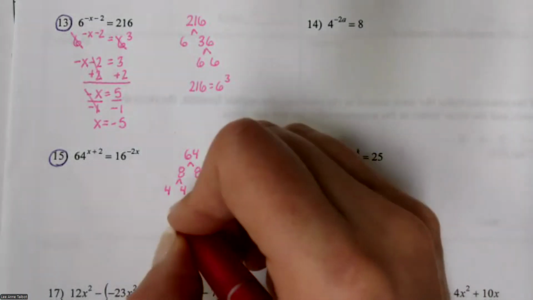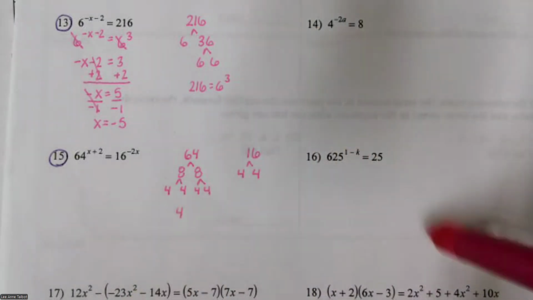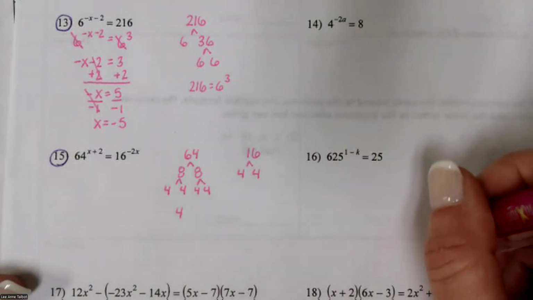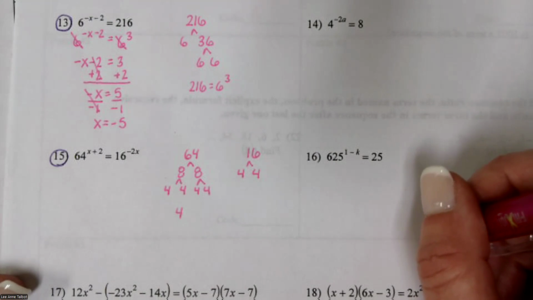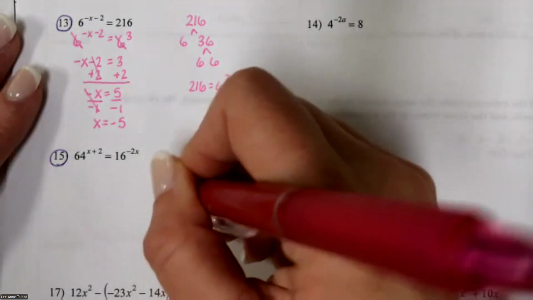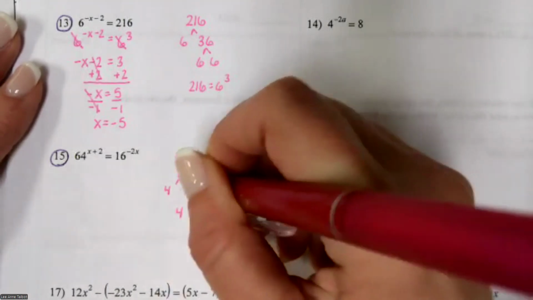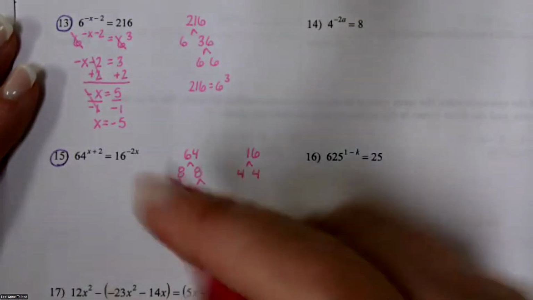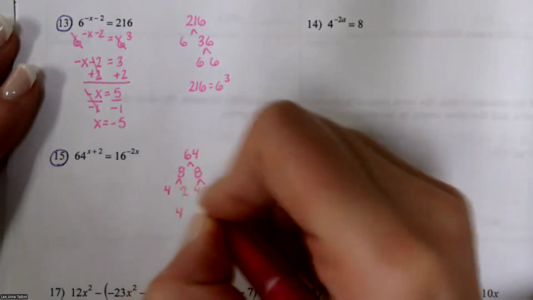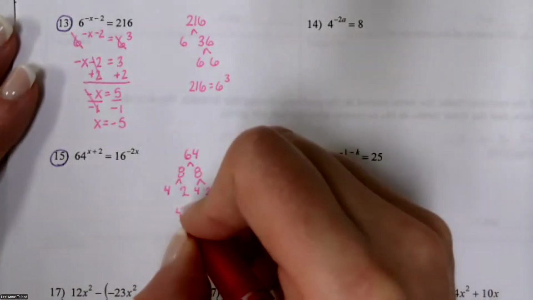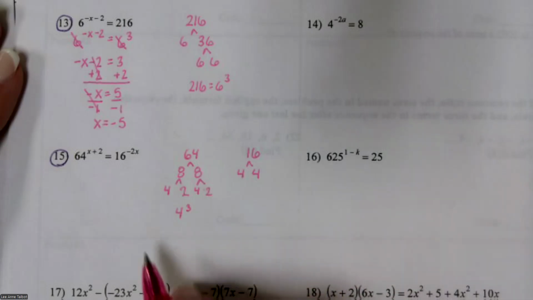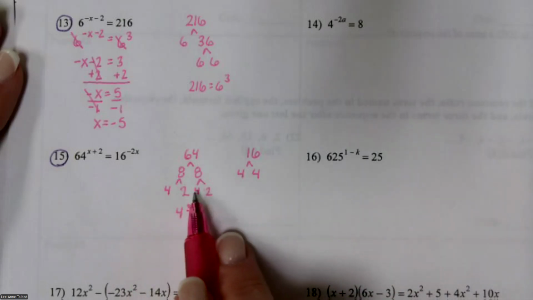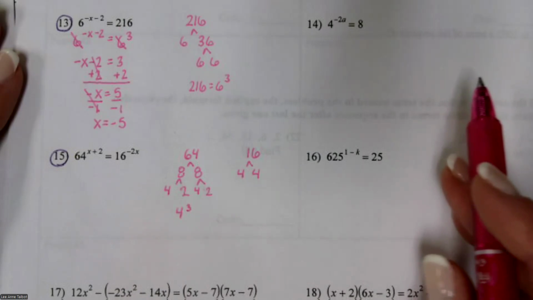64 is 4. Wait a minute. None of you are going to say anything? Were you? 8 is not 4 times 4. 8 is 4 times 2, which means there's 1 4, 2 4s, 3 4s.